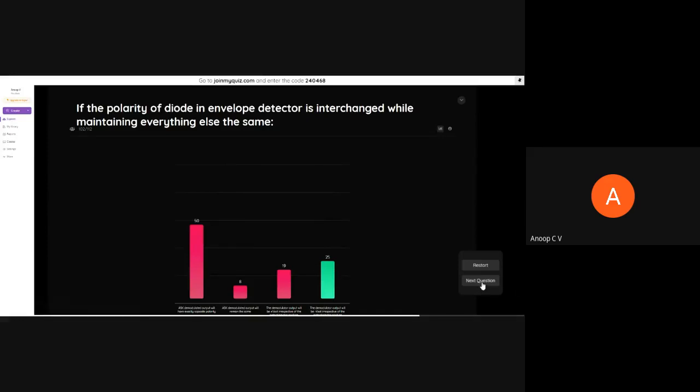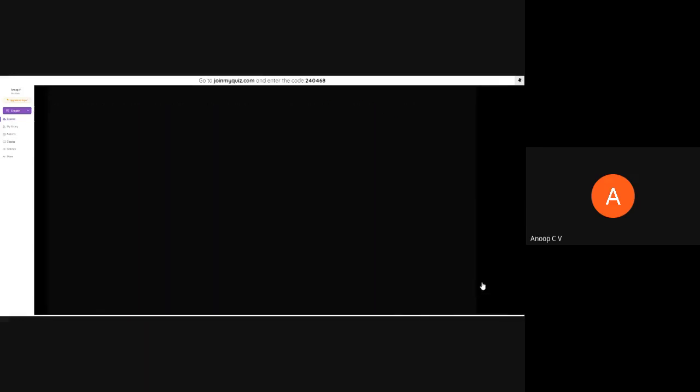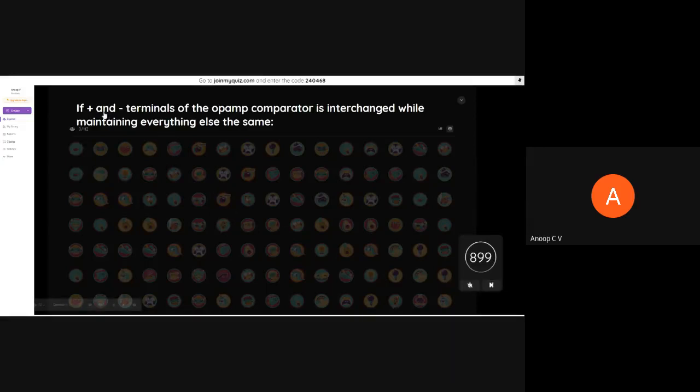Now we'll move on to the next question and the last question. If the inverting and non-inverting terminals of the op-amp comparator are interchanged while maintaining everything else the same, what will happen? That is the question.